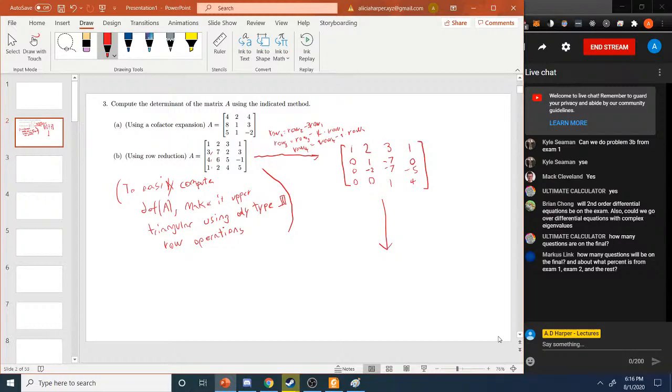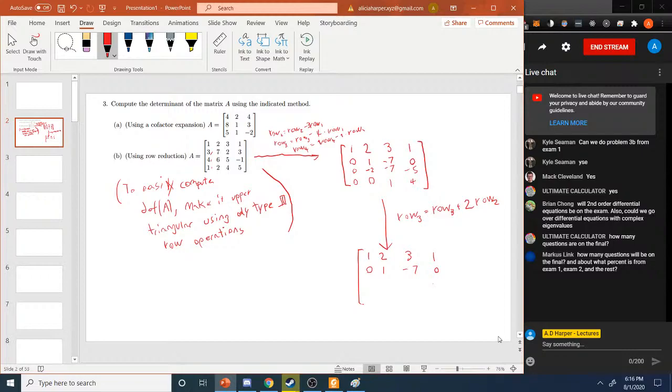So what I'm going to do here to simplify things a little bit is set row 3 to be equal to row 3 plus 2 times row 2. And you can see that will get rid of the -2 here. So we're left with 1, 2, 3, 1, 0, 1, -7, 0.